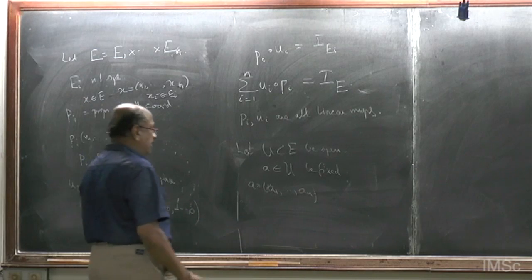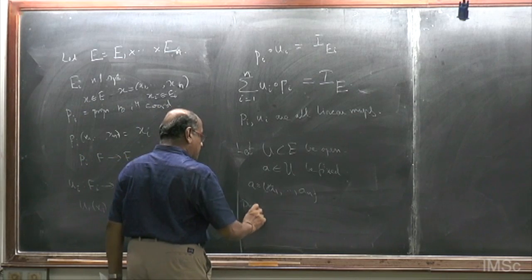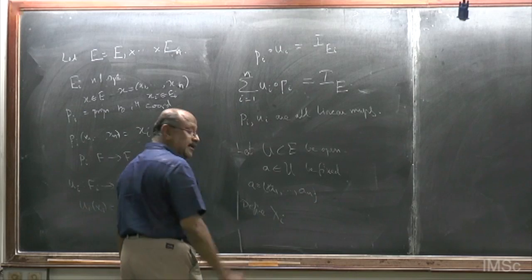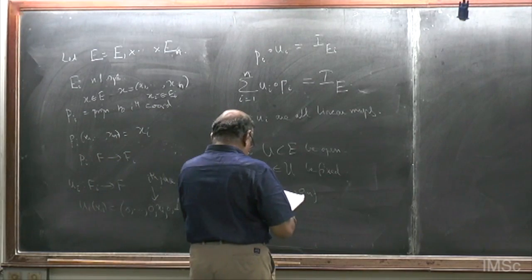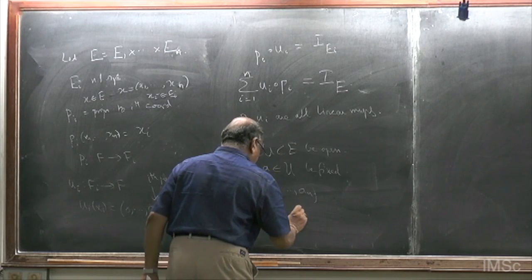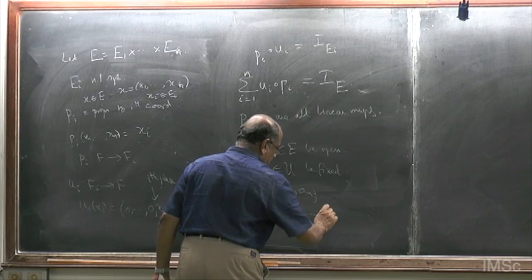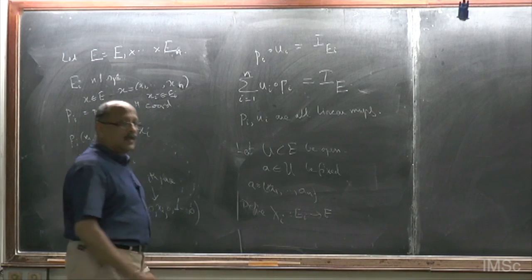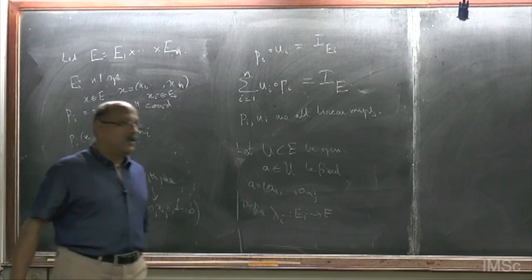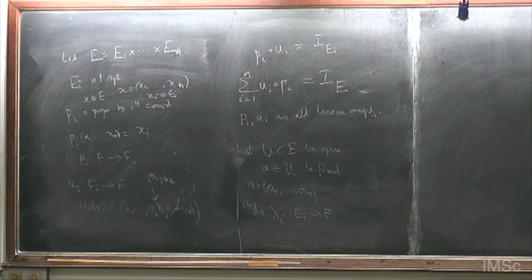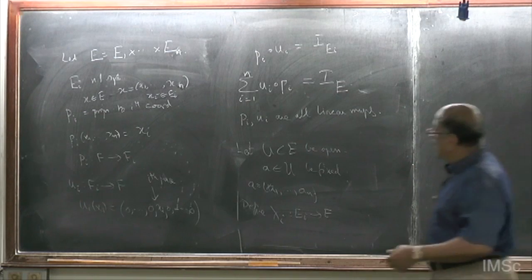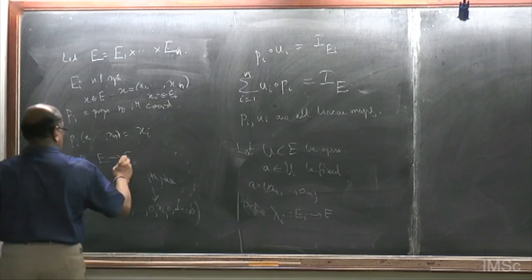Corresponding to this, I define lambda i from Ei to E. So, already I have Ui, I have defined.